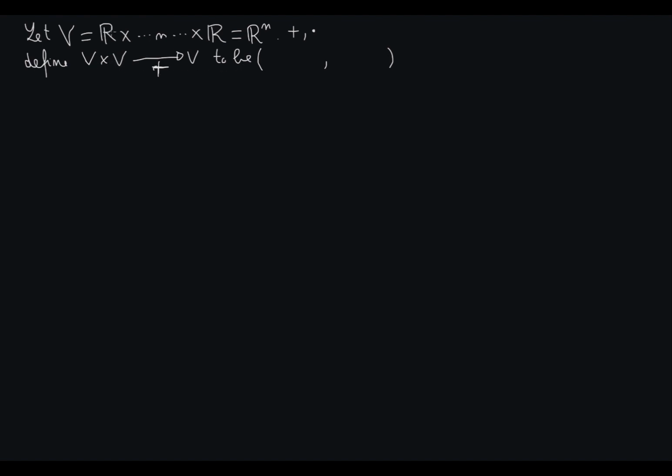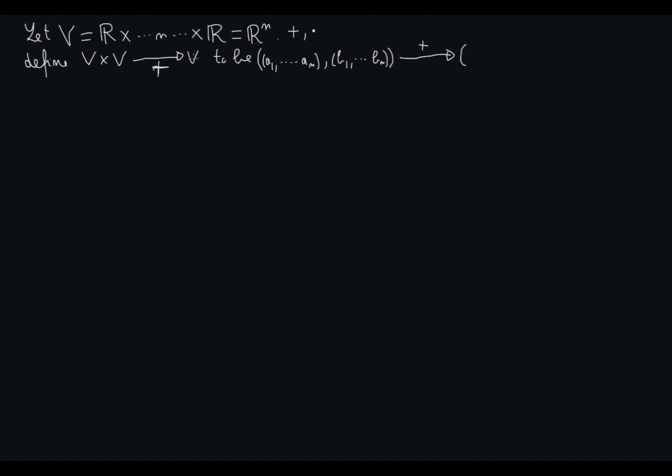So every element of V is an n-tuple of scalars, of numbers. Therefore we let the first n-tuple be a1 to an, and the second one b1 through bn.